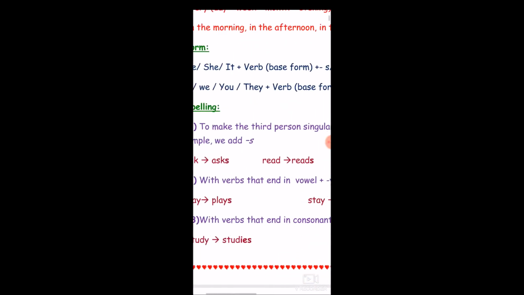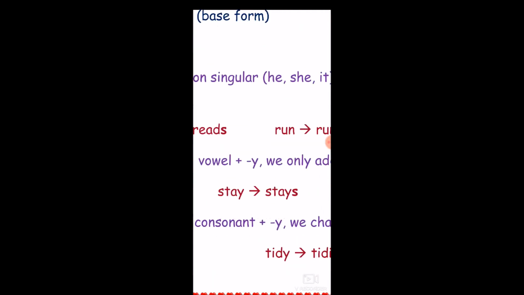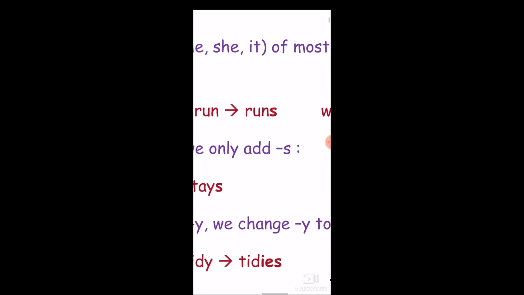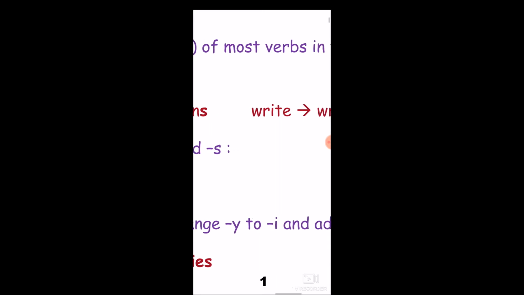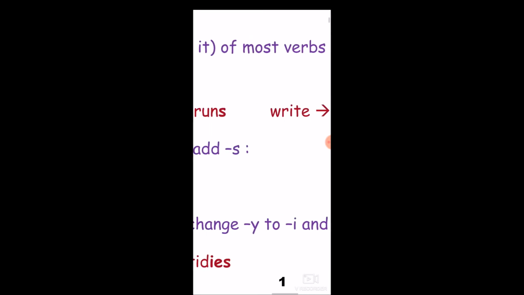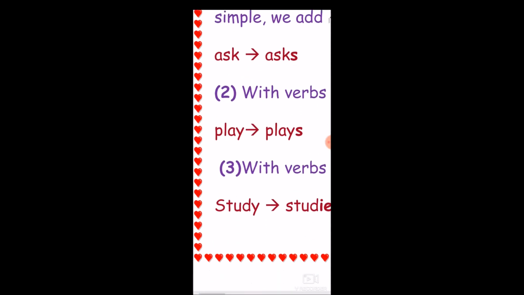Another one, number 3. Verbs that end with y but before the y there is a consonant sound. What should I do? Look here. We change y into i and then add es. So the final will be ies. Like what?